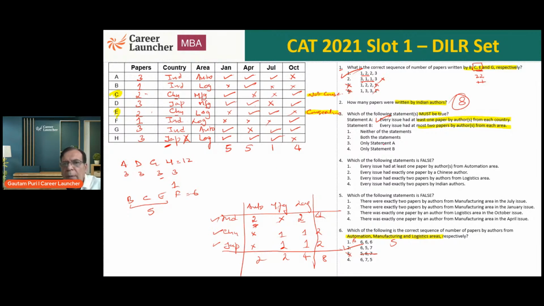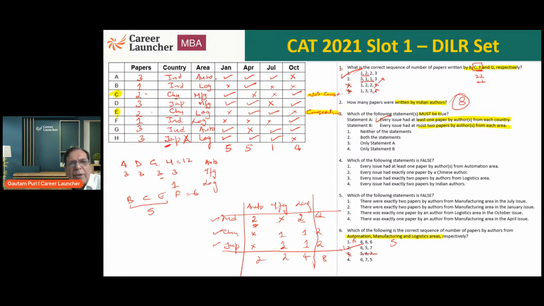Okay. What about every issue had at most 2 papers by authors from each area? So we need the number of. Okay. So let me do one more thing. We have automation, manufacturing, logistics. In January, the first paper is from, or rather, January we have one.